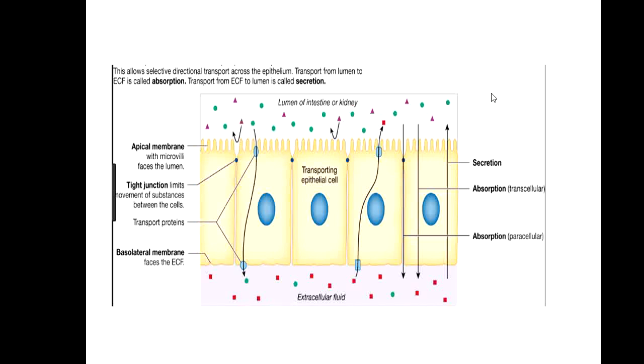So one is the transcellular absorption. This one is the transcellular absorption. This represents the transcellular absorption, meaning the absorption of anything that may be solid or liquid, that may be solute or solvent, fluid or solid.